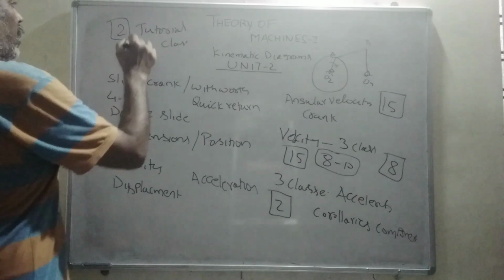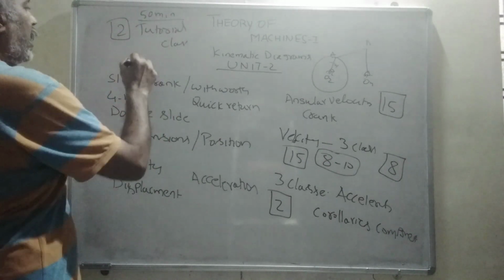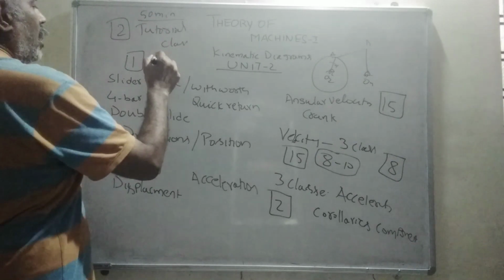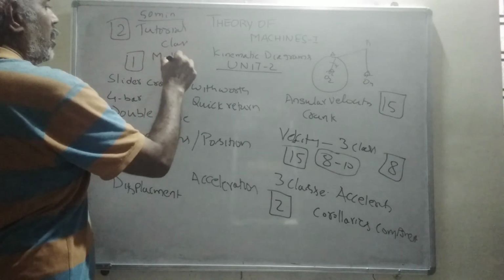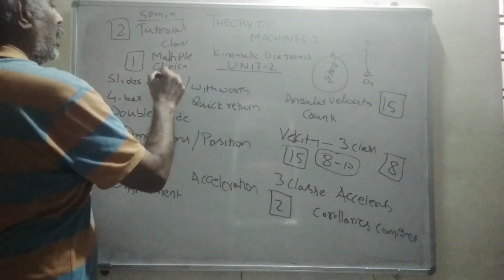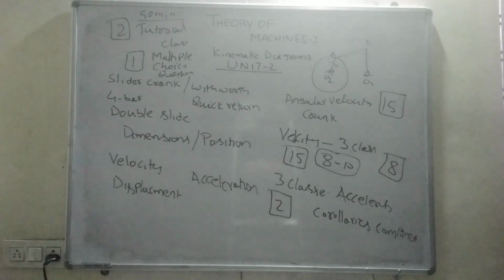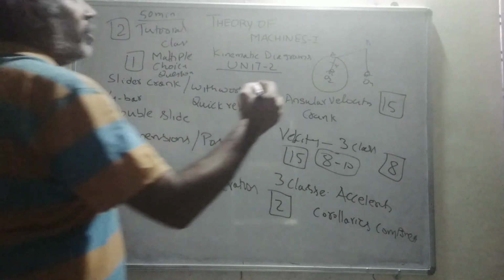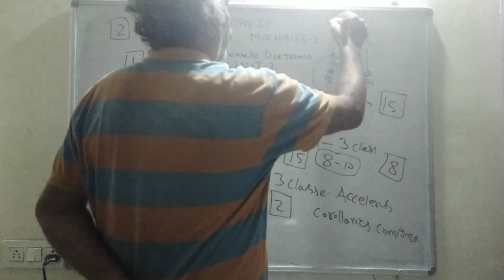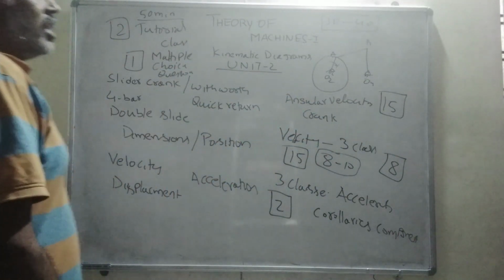These are 50 minute classes, and 1 class for multiple choice questions. In these multiple choice questions, we can work out nearly 30 to 40 objective questions in this one class.